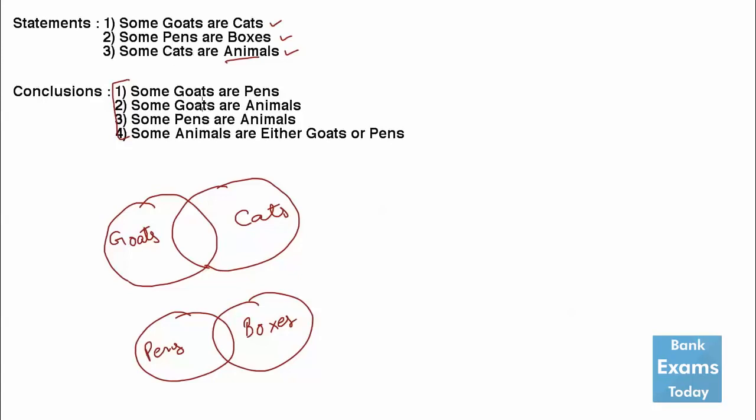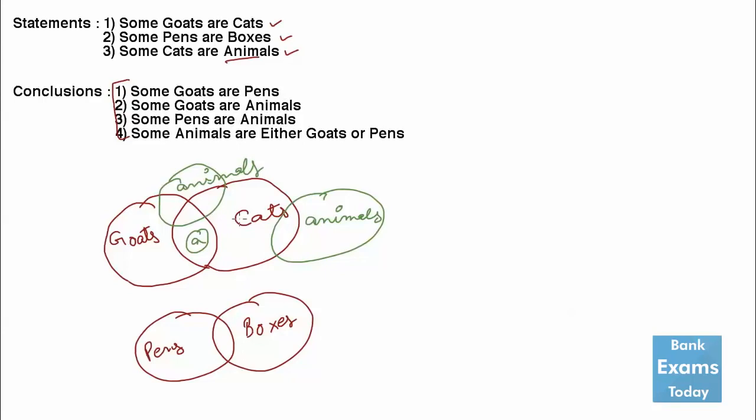So it can be something like this for animals, or it can be like this for animals, or it can be like this again for animals. So there are these three possibilities. Now let's move on to the conclusions.